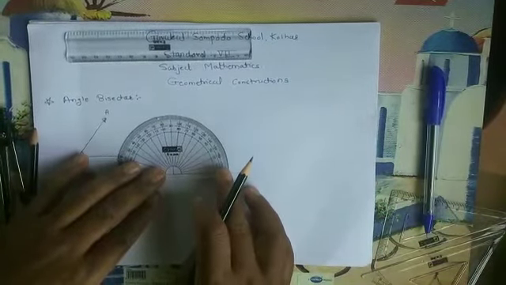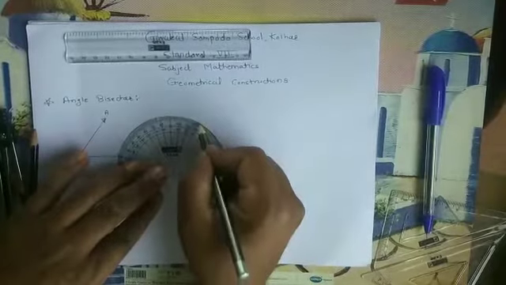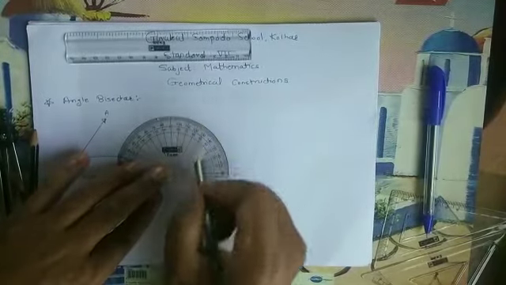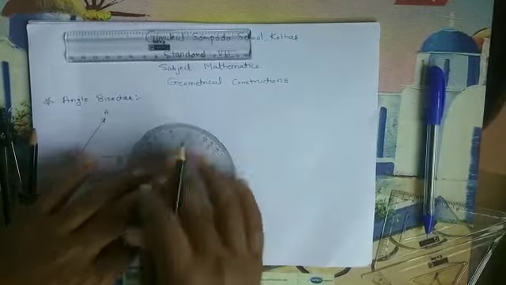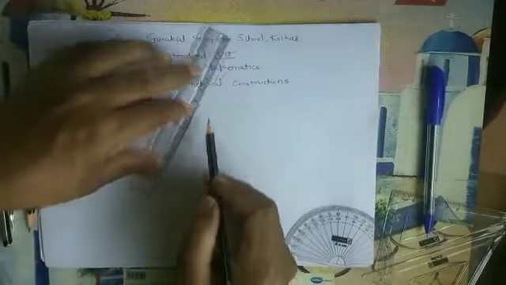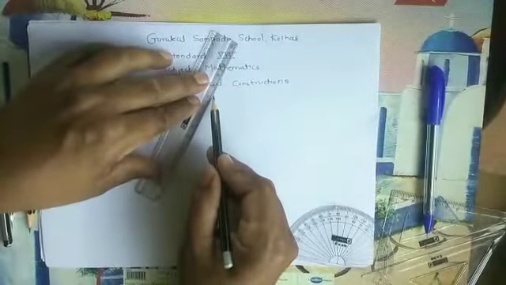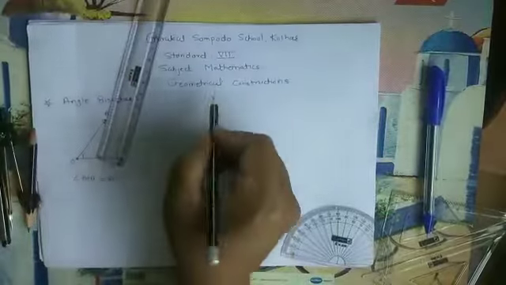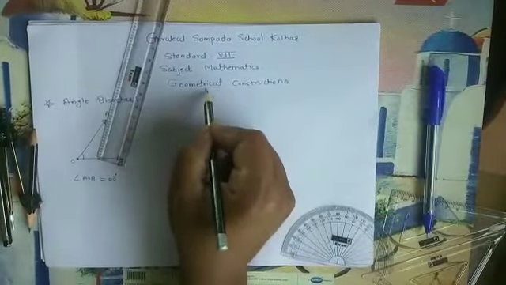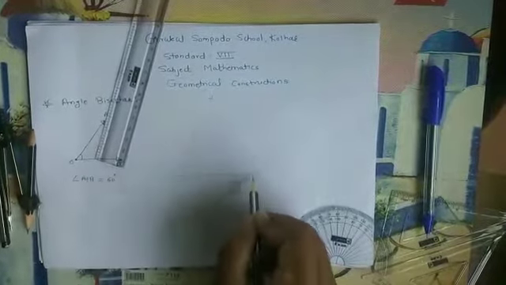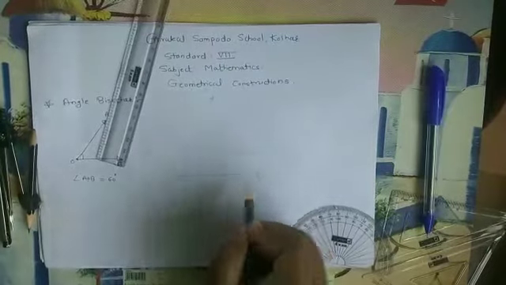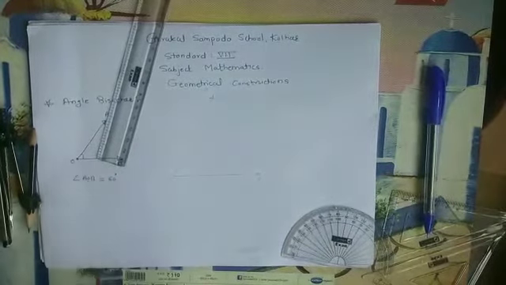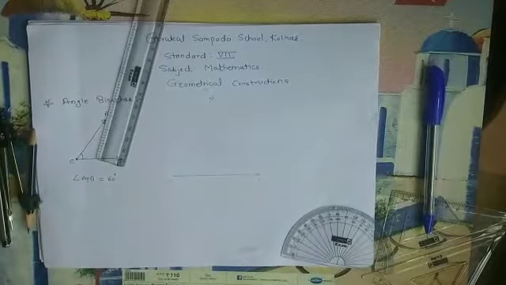I keep it at the vertex, I measure from this side, and here is the angle, 60 degrees. Again I draw a straight line and join it with the vertex. So this is angle AOB, and angle AOB is of 60 degrees.